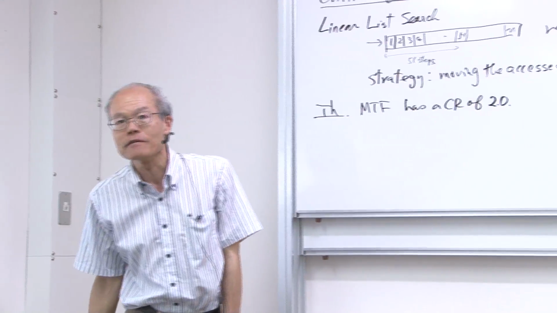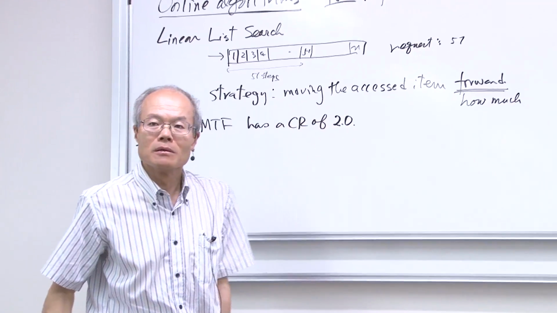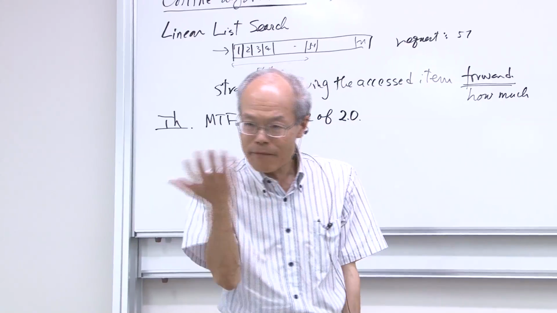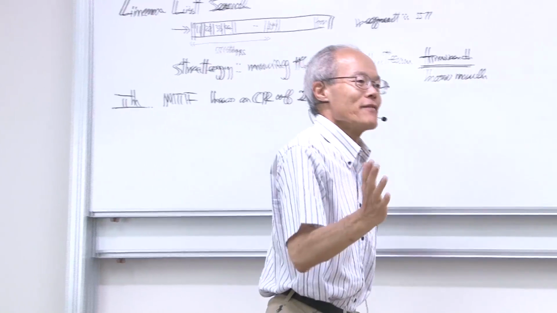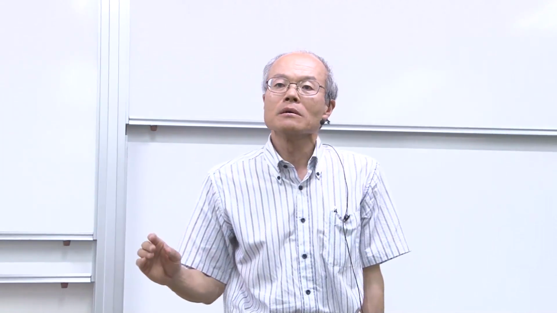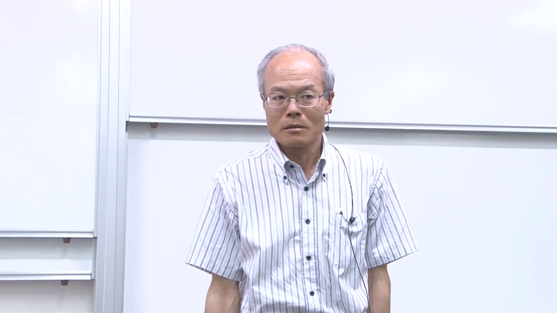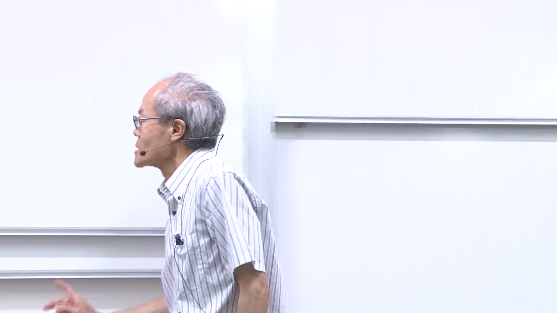But actually you can prove that the competitive ratio of this algorithm is just 2.0. Not on average, but for any request, the cost of this algorithm is at most 2 times the cost of opt. So this is a really interesting theorem.